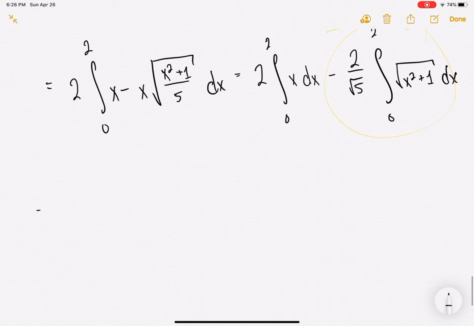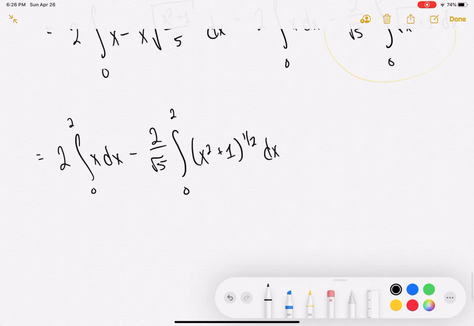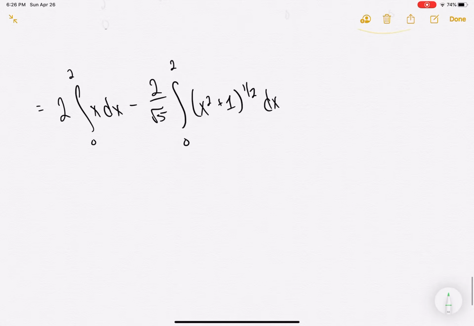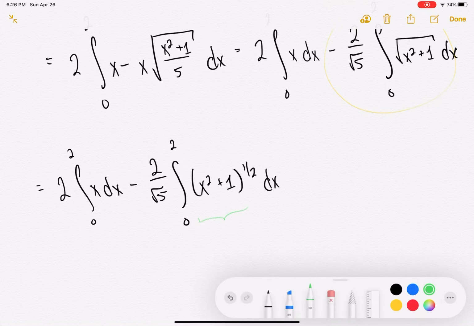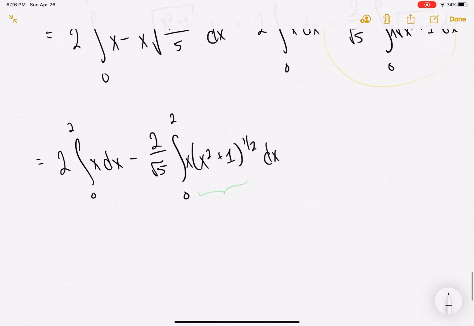Honestly, it simplifies farther, so we'll do that here even. 0 to 2 x dx minus 2 over root 5 integral 0 to 2. This is really x squared plus 1 to the 1/2 power. And now it looks clear. There's an x in both these cases, right? X and x. Okay, so this is very clear.